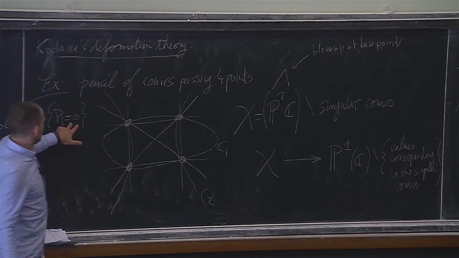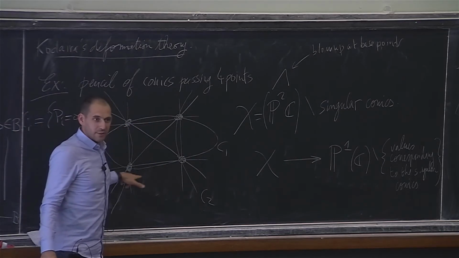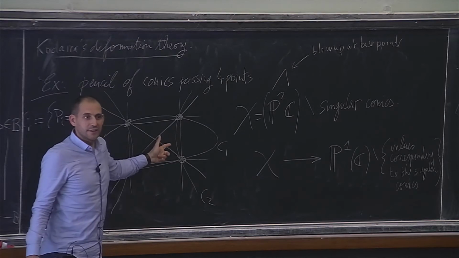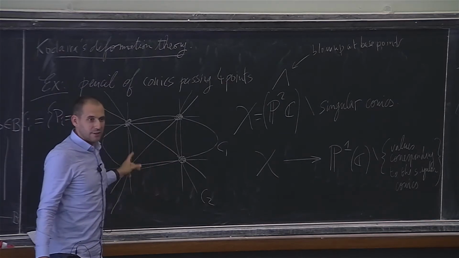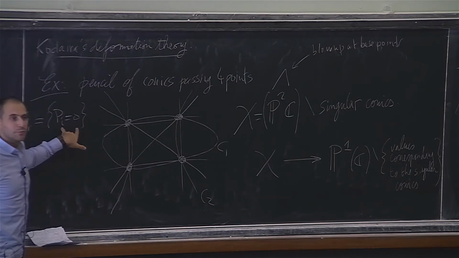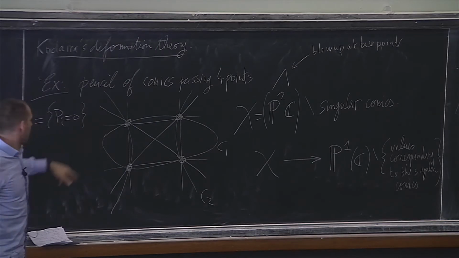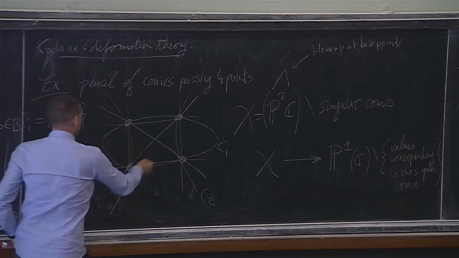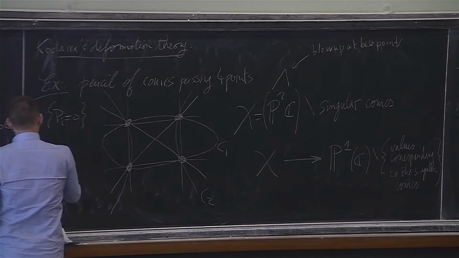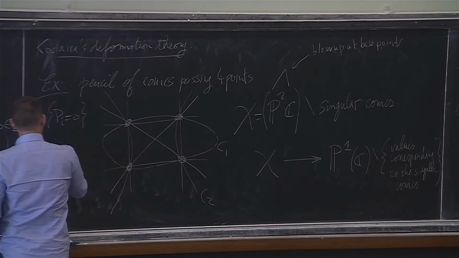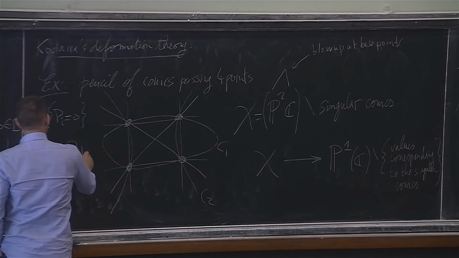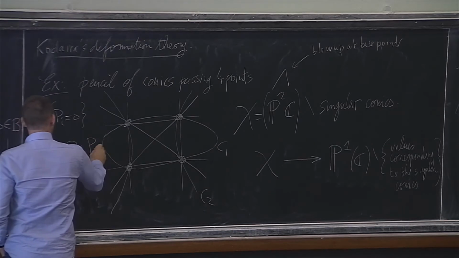And these degree 2 polynomials vanish at these 4 points, right? So what are all the conics that vanish at these 4 points? In fact, they are linear combinations of these two polynomials. And so any of the conics appearing here is something like t P1 plus P2 equal to 0.